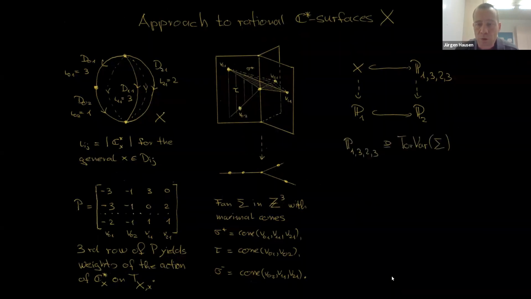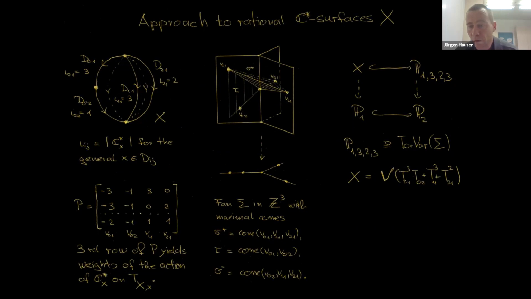To make it more concrete, the toric variety of the fan drawn in the picture in the middle gives us an open subset of the weighted projective space. And our X is a hypersurface, and we can give the weighted homogeneous equation explicitly.